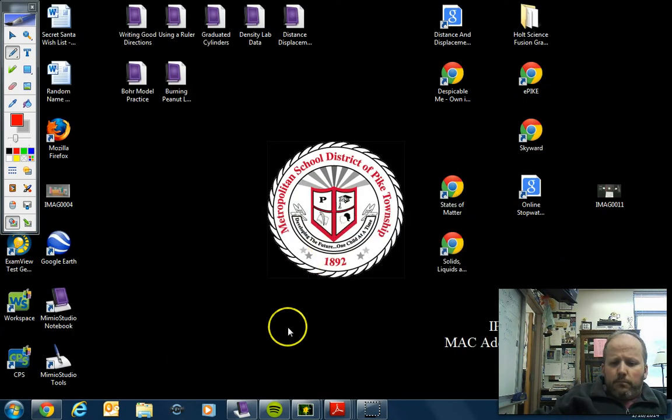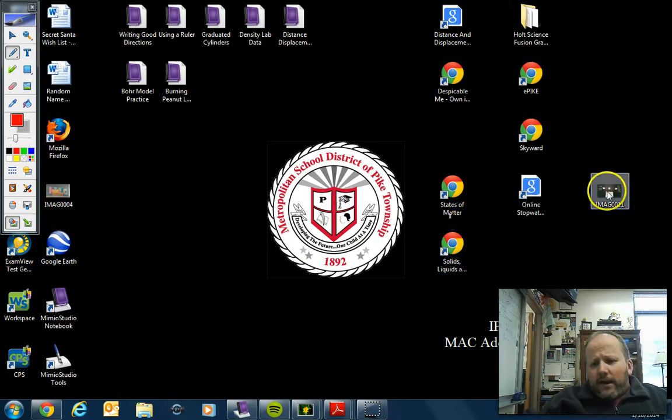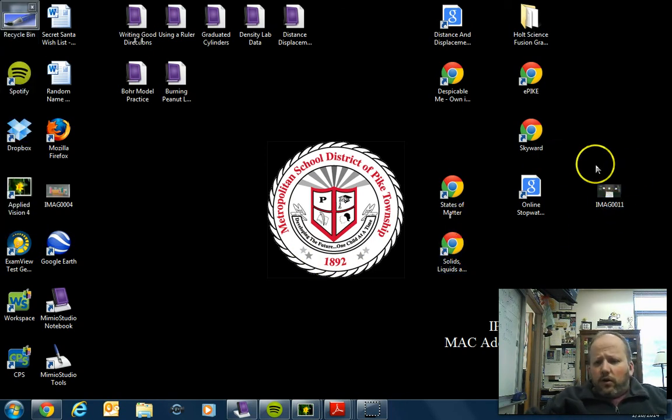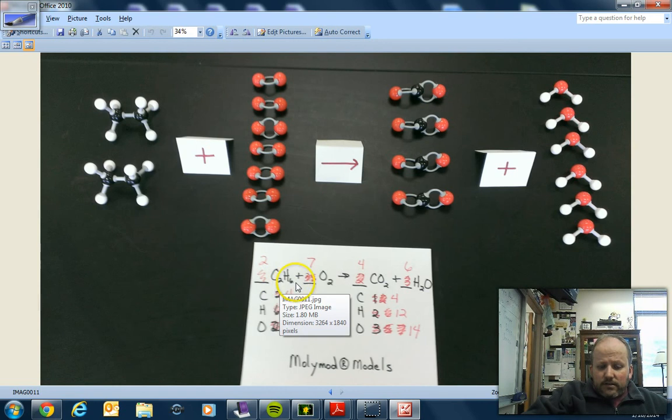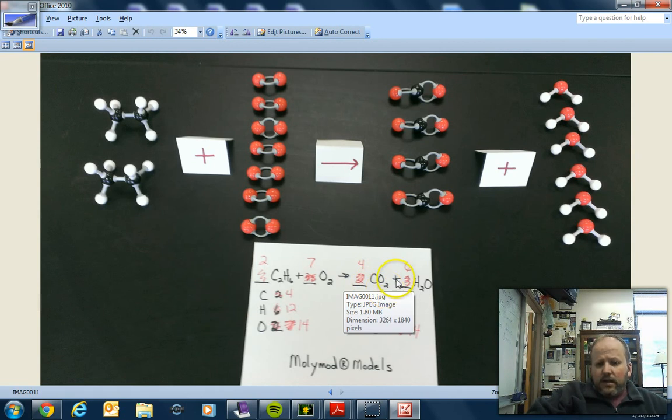I went for a big grant a few years ago, and when I did, I wanted to show that these models are great things to use. Here is a model set that I used to show a balanced chemical equation. This is 2C2H6 plus 7O2 yields 4 CO2s, carbon dioxide, plus 6 H2Os.